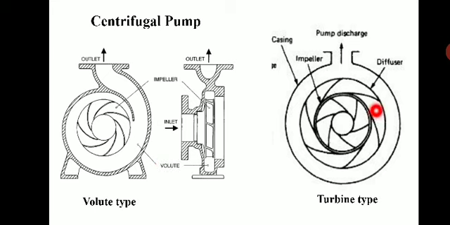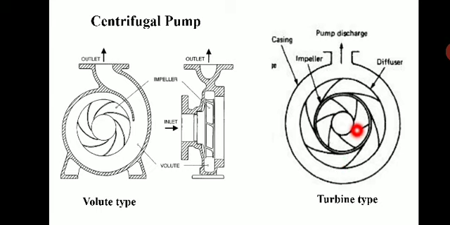Then if you see the turbine type of pump, in the turbine type of centrifugal pump, a fixed diffusion ring is inserted between the impeller, that is the blades here, and the casing of the well. This is the casing and this is the impeller, and in between they insert a diffuser.